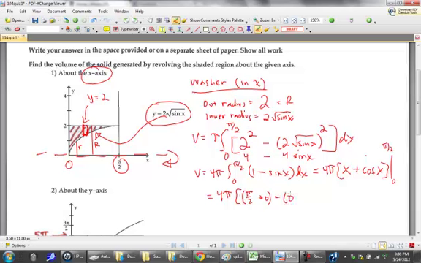Put in the 0. Cosine of 0 is 1. So we're going to get pi over 2 minus 1, all of that times 4 pi. You can leave it like that. If you want to, you can put the 4 pi in and call it 2 pi squared minus 4 pi.